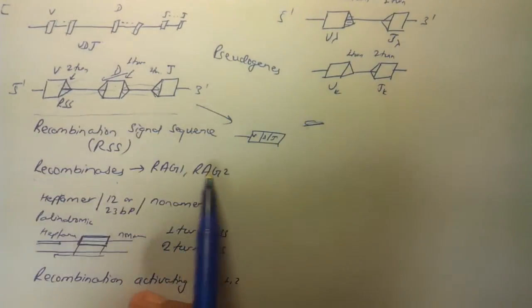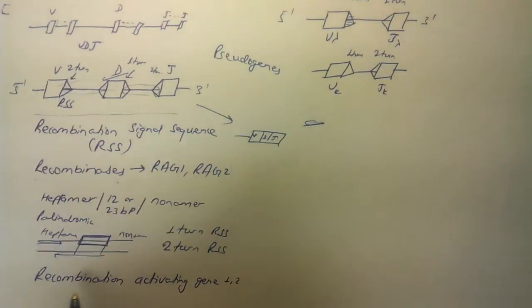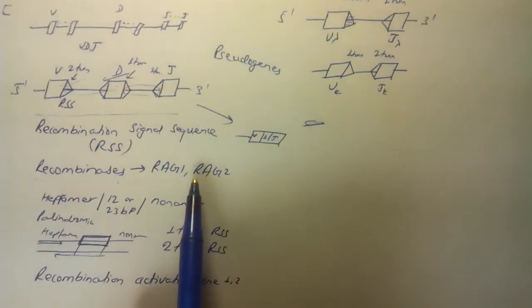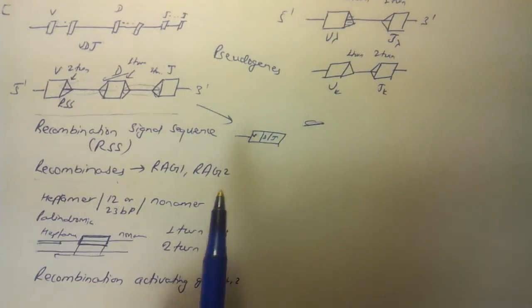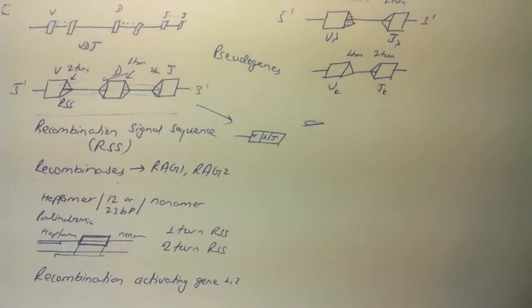Now I told you this is an enzyme, this is a protein. So this is the gene: recombination activating gene 1 makes up this RAG1 protein, and recombination activating gene 2 makes up this RAG2 protein. So these are the enzymes that make this happen. Now we're going to look at the mechanism of how this actually happens.